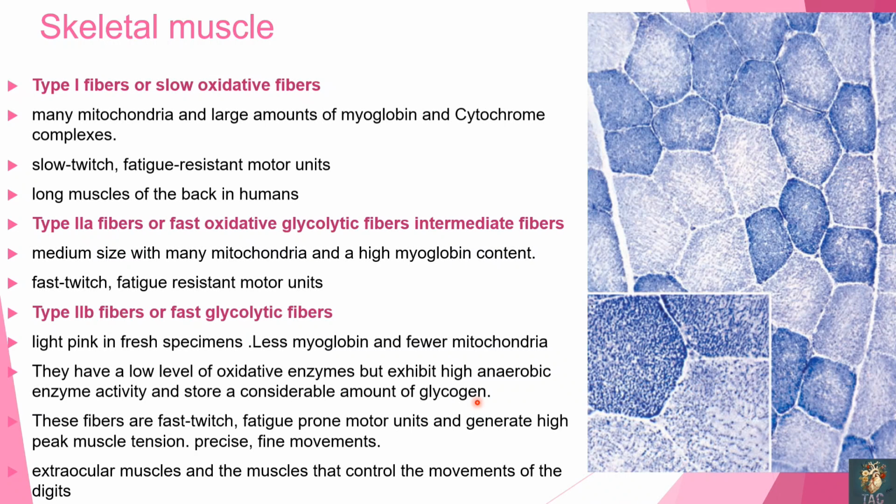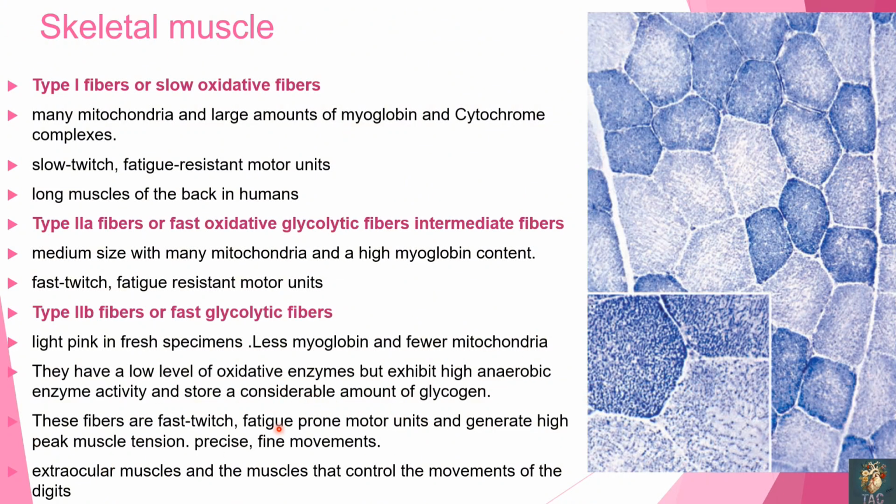So you should know that type 1 fibers use oxidative phosphorylation, while type 2B fibers have a large amount of stored glycogen, and they use the fast glycolytic pathways, which are anaerobic in nature, to generate energy.